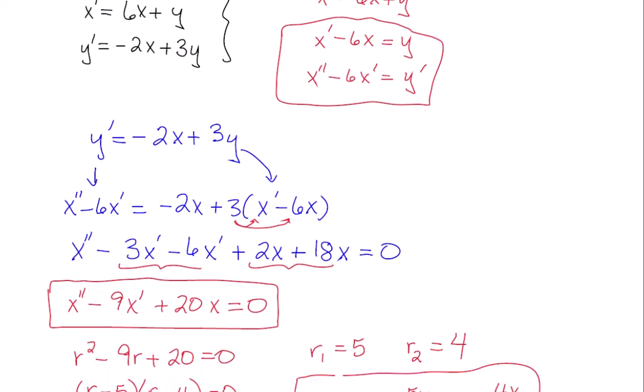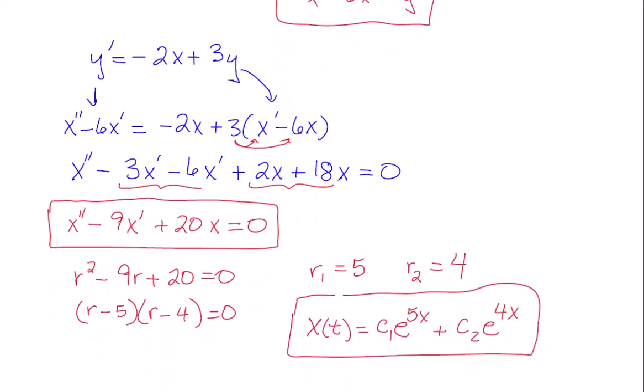I can now form the characteristic polynomial. R squared minus 9r plus 20 equals 0. It's nice. I don't have to use the quadratic formula because it does factor into r minus 5 and r minus 4, giving me that r1 and r2 are 5 and 4.